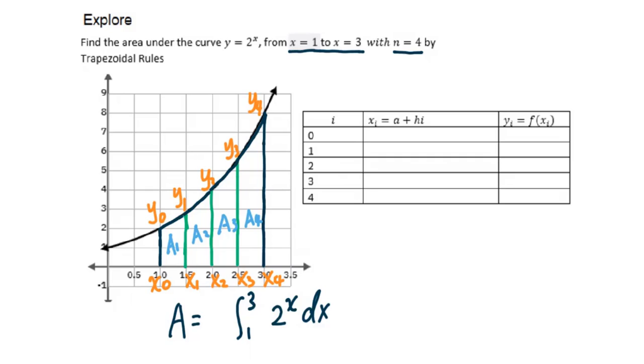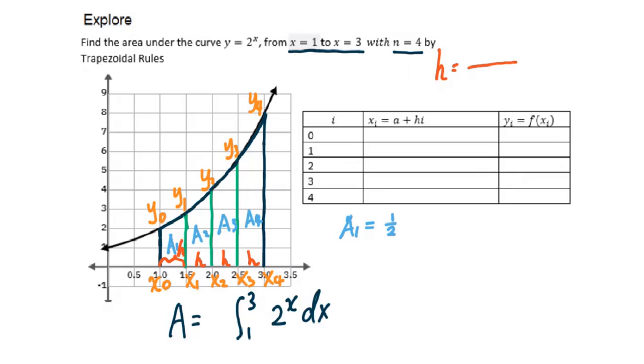For A1, use the area of a trapezoid. You will get 1/2. Height will be this. This is the height. So basically, they will have the same height. I use H to stand for that. So here's H. This is H. How do you work out this H?